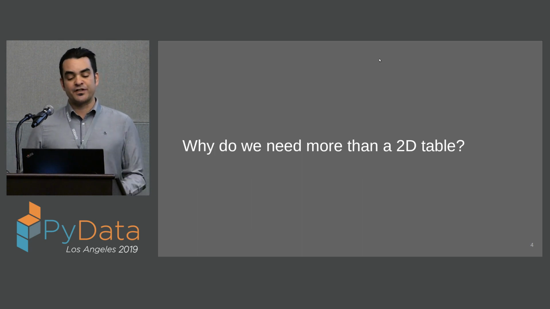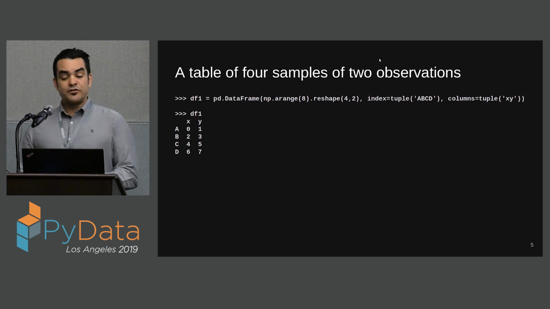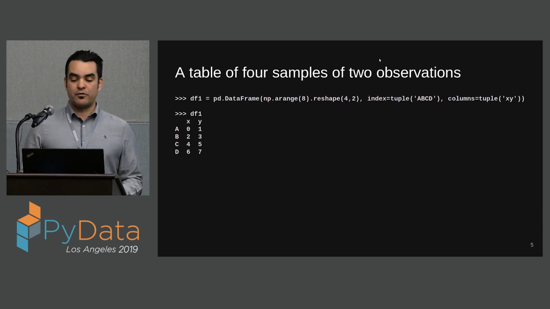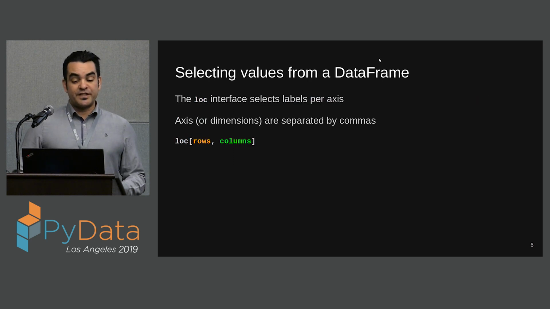So let's step back first and consider, why do we need more than a two-dimensional table? For example, if we have a very simple data frame here, where we have 4 rows, each of those rows might be observations, here labeled A, B, C, and D, and we have 2 observations, X and Y. We can select values from this data frame using the loc interface. I call this "lock", you might say "loc", I say "lock".